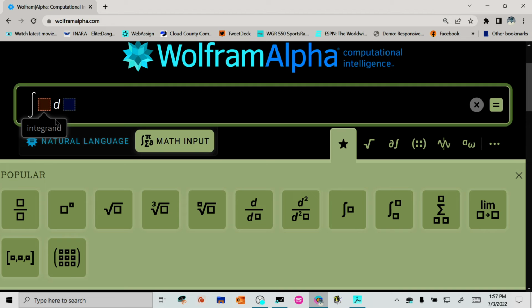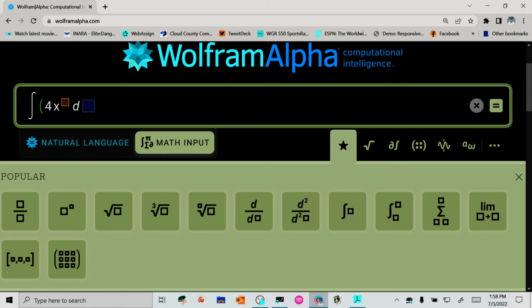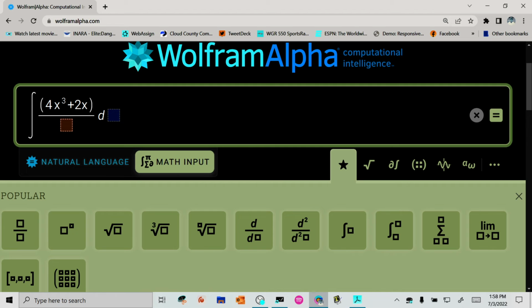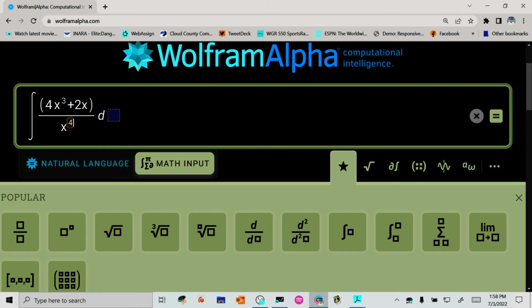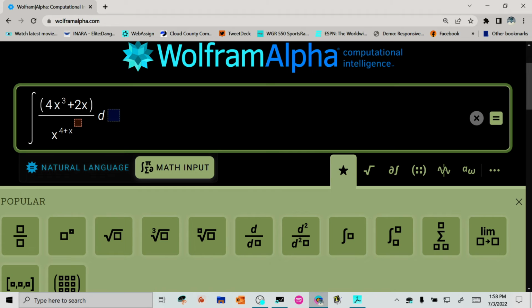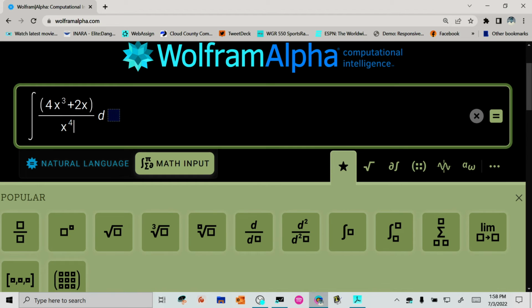So if, for example, I did that previous problem, right? So we got 4x to the 3 plus 2x, I'm going to put this in brackets, divided by x to the 4th plus x to the 2, okay?